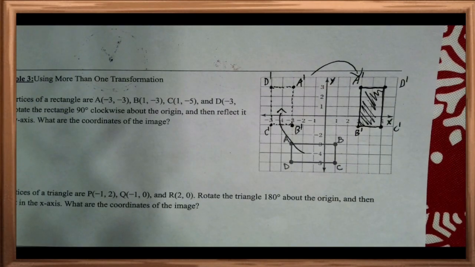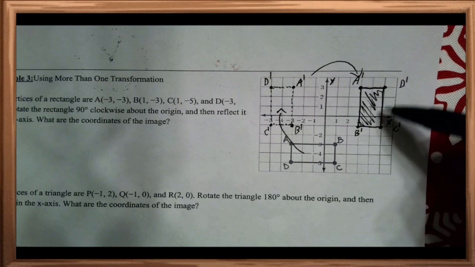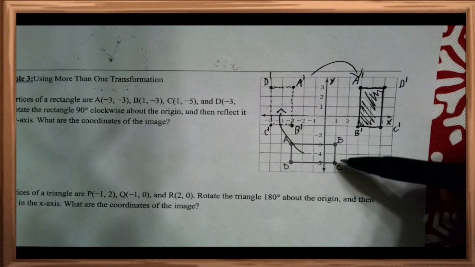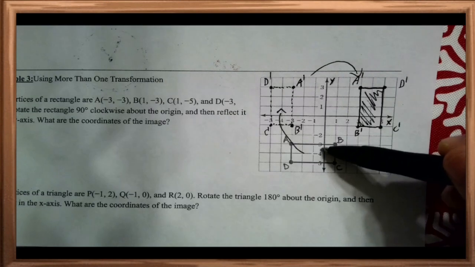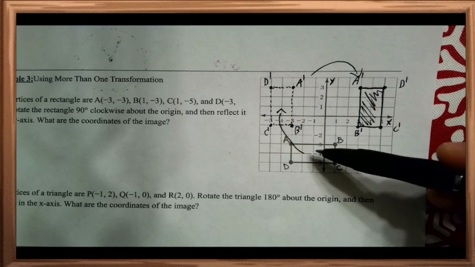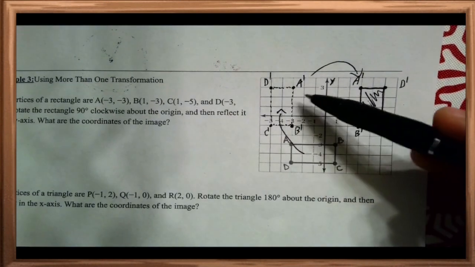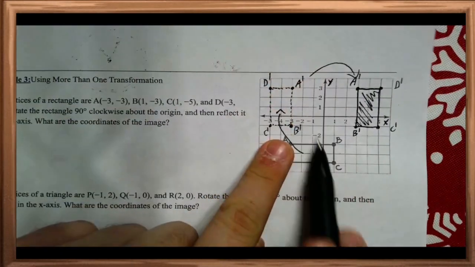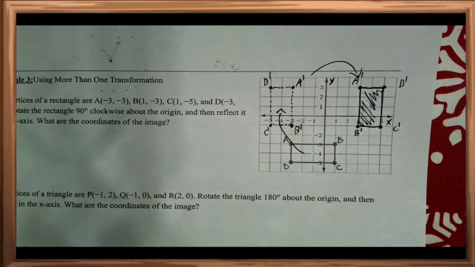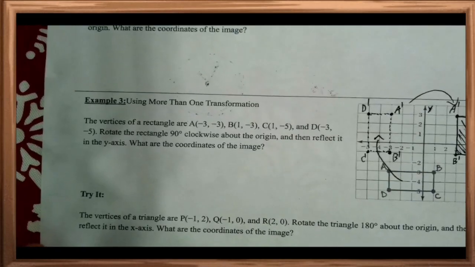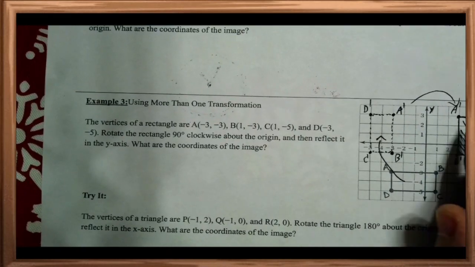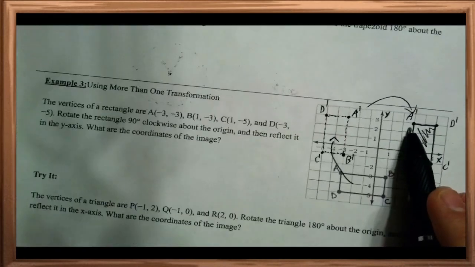So what we have now is this final image, this final figure, right? We started with the pre-image, and we rotated 90 degrees clockwise. We rotated towards the right, and then we reflected on the y-axis. So for our final result, we're going to have to look at these coordinates. Well, A, where is A at?